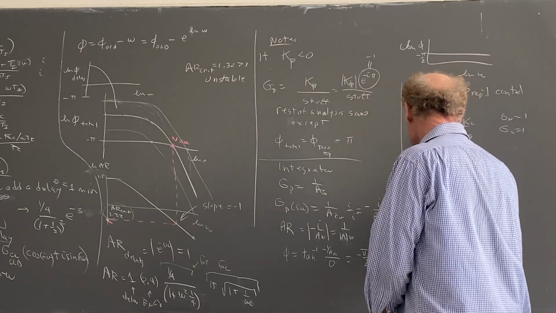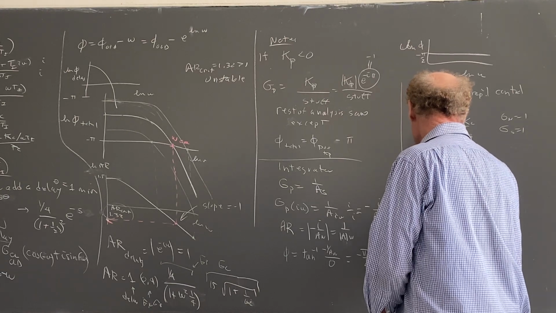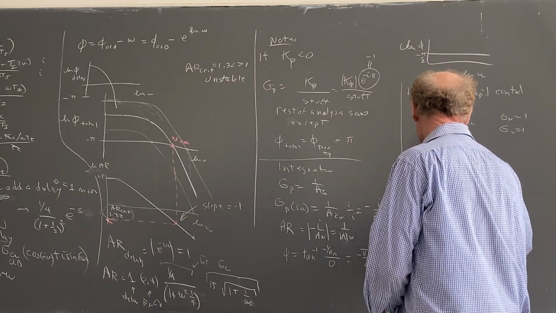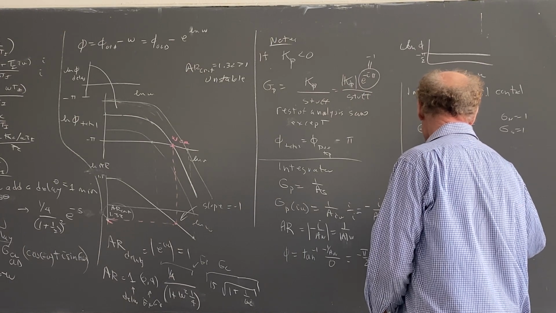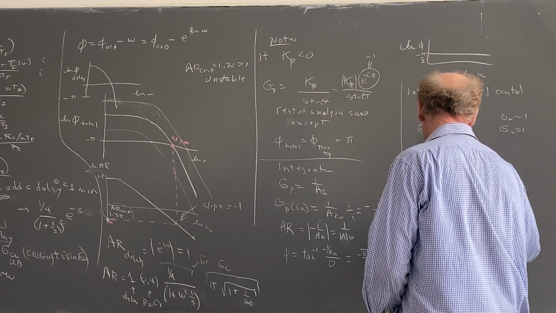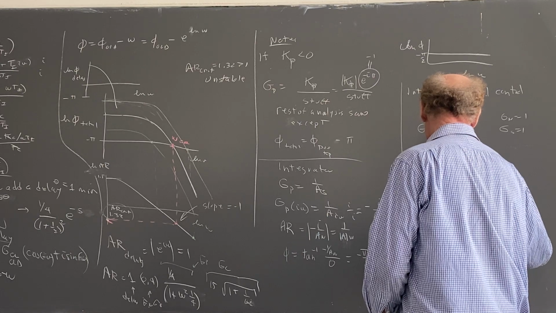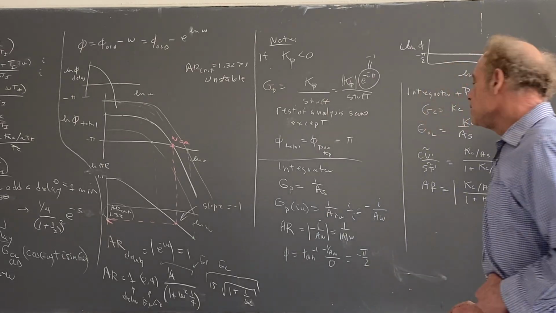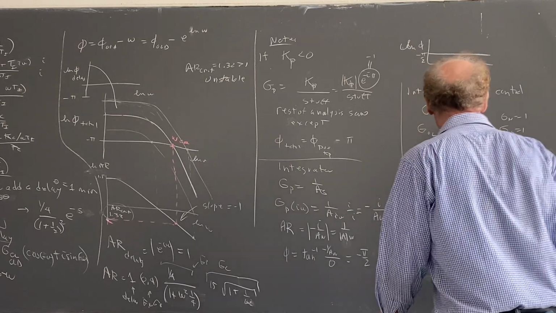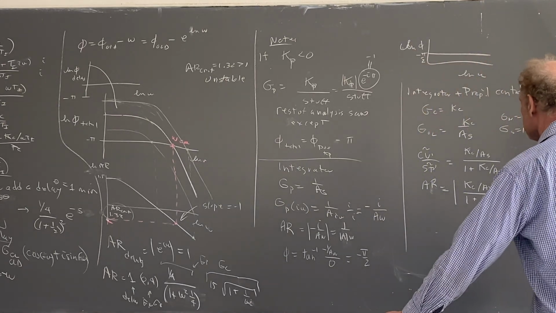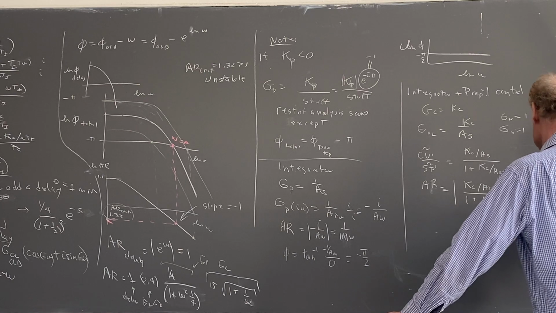So I have the amplitude ratio is the magnitude of Kc over AI omega divided by 1 plus Kc over AI omega. And so we can see what that is. I multiply top and bottom by AI omega over Kc.